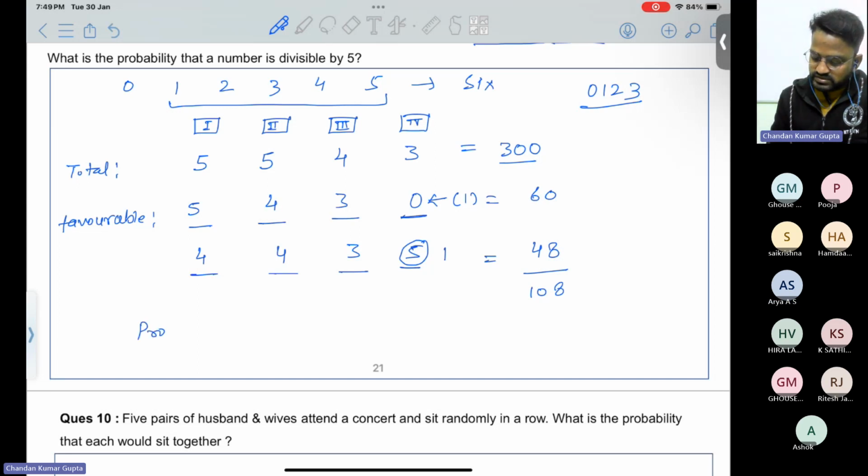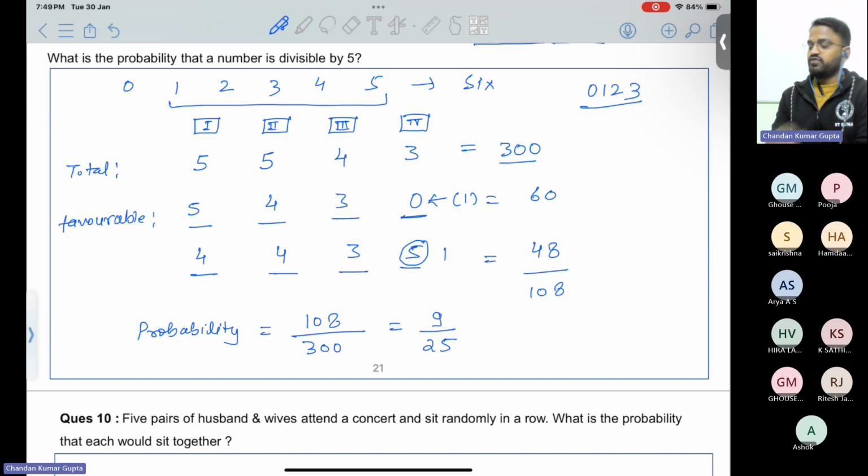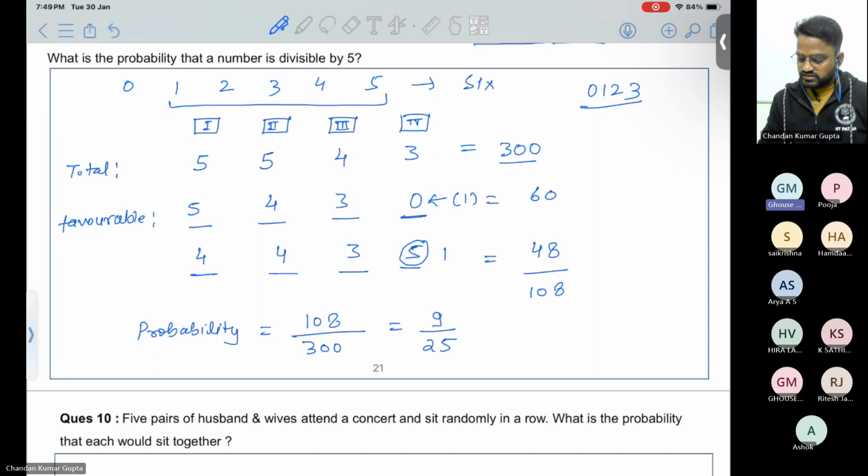And the probability is 108 divided by 300, which comes out to be 9 upon 25. Okay. Is it clear? Yes, sir.